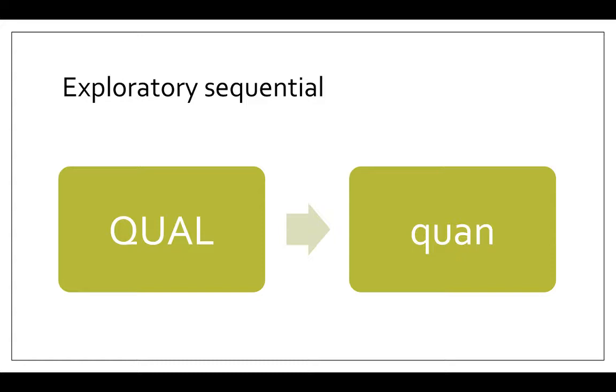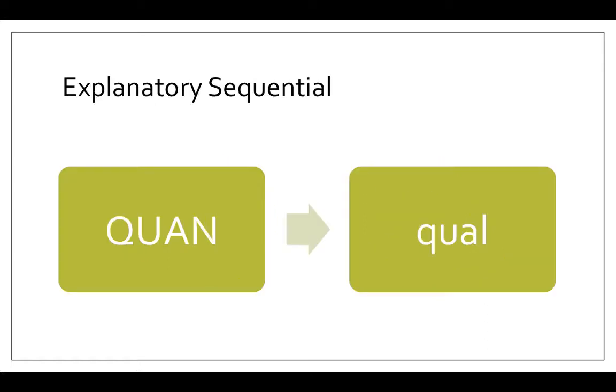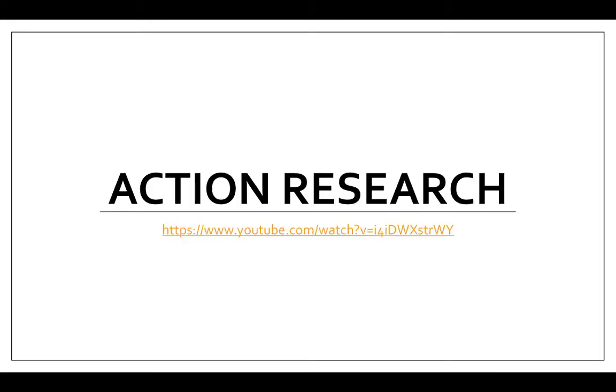Exploratory sequential, which is the opposite. And convergent parallel, where they're collected equally and about at the same time. And you have a whole bunch. But that's just mixed methods research in a nutshell. As you read, hopefully this will give you kind of a nice organizing way to think about this type of research.